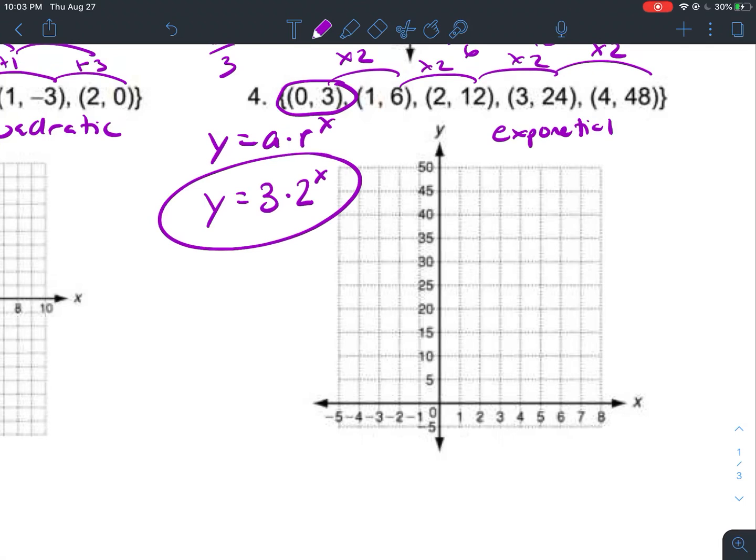So now we just have to plot our points. We have (0, 3), (1, 6), (2, 12), (3, 24), and (4, 48). When we plot that, we get something like this.